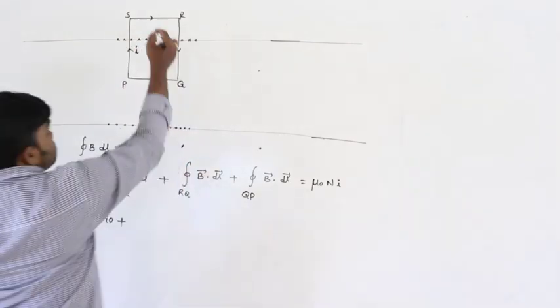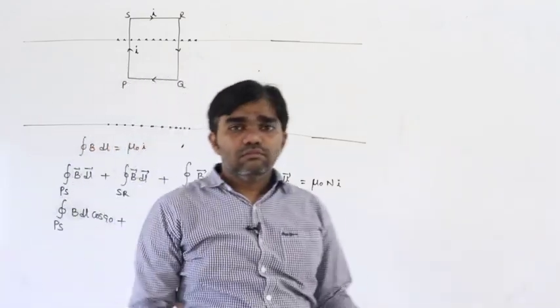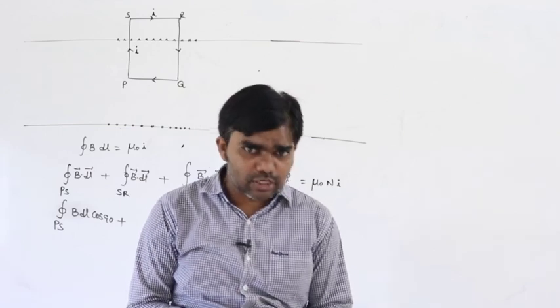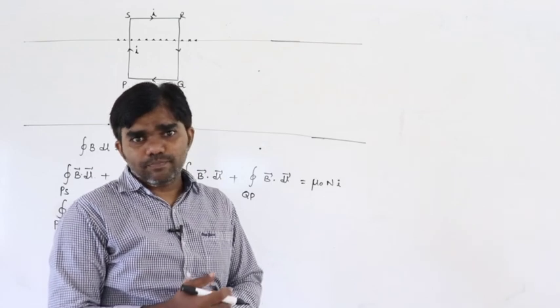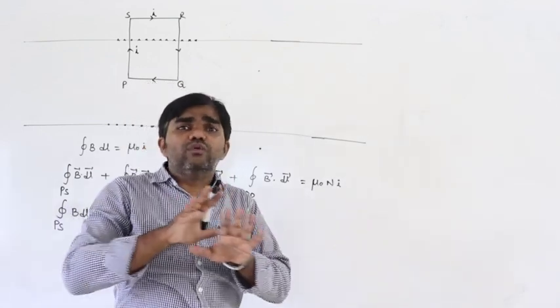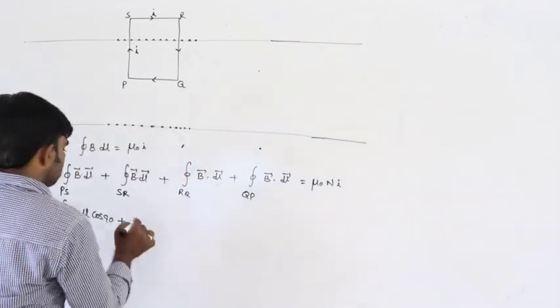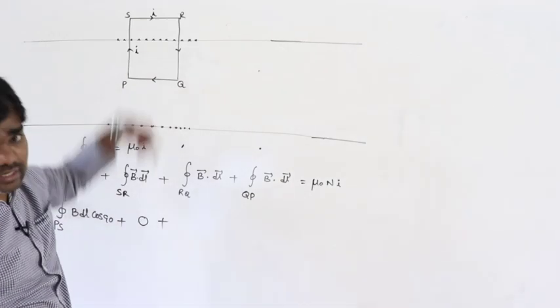If any currents are outside the closed loop, according to Ampere's circuital law, no need to consider those currents. That's why this is completely 0. There is no magnetic field due to outside currents.